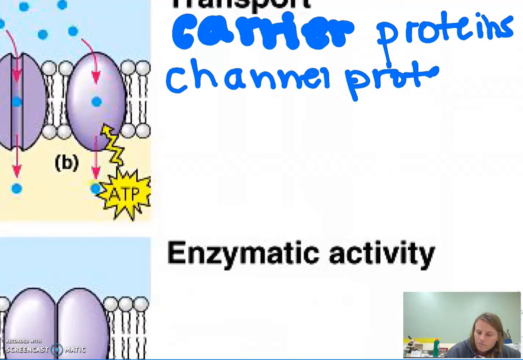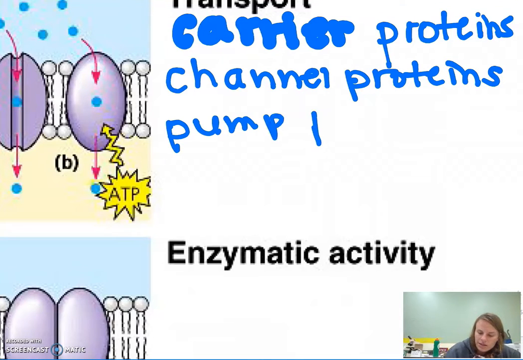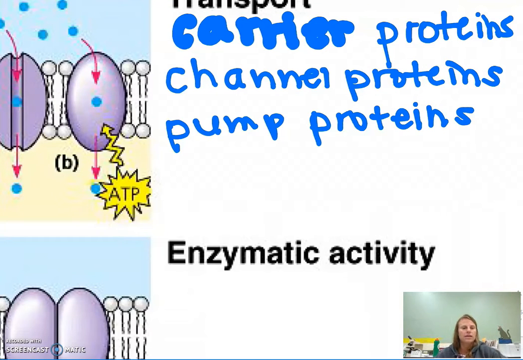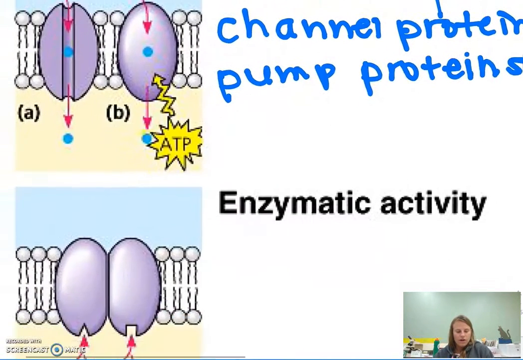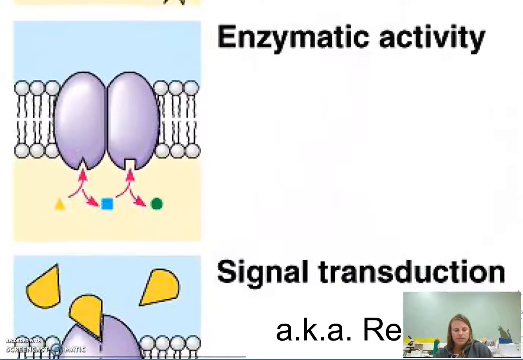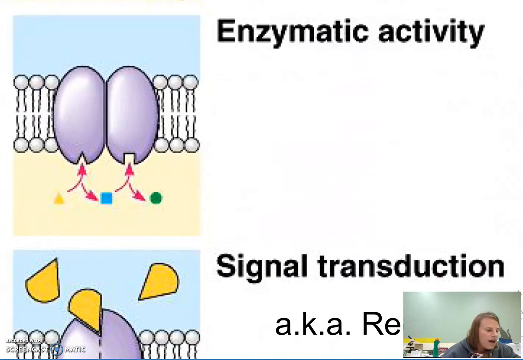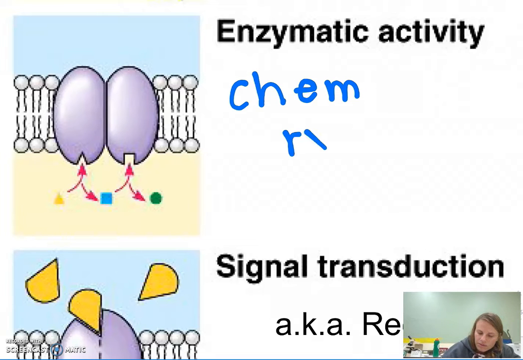Maybe they are pump proteins. Needless to say, they're all going to help transport materials inside and out of the plasma membrane. As far as the proteins that enable enzymatic activity, obviously they're going to play a role in chemical reactions.